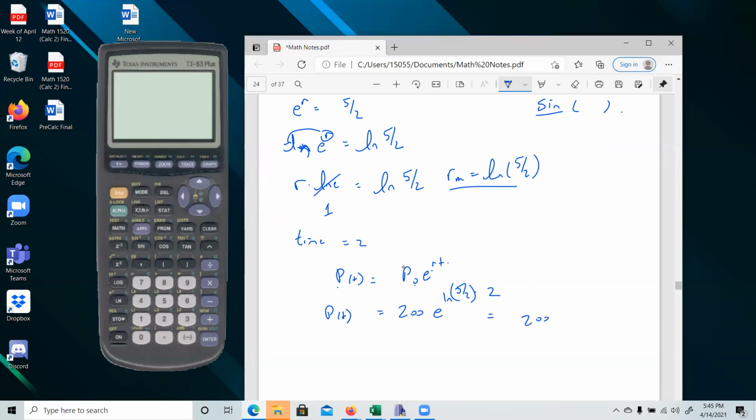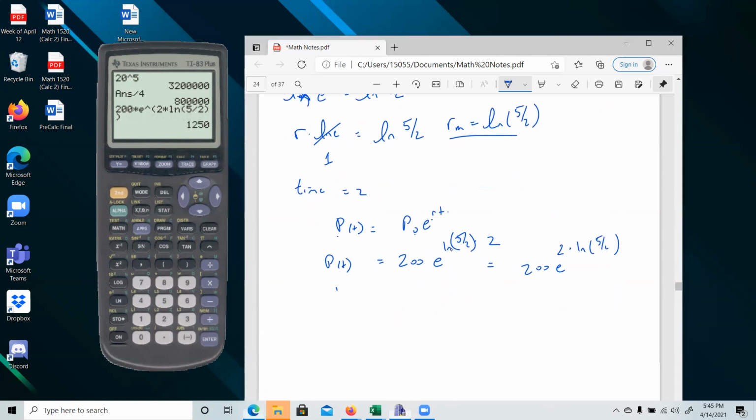We could say this is 200 e to the 2 times ln 5/2. That might be a little bit easier to type in. We're going to say this is 200 times second function ln, 2 times ln, and they have another parenthesis in there, so the 5/2 goes in there, and then we'll close the first parenthesis. Oh, cool. So 1,250.